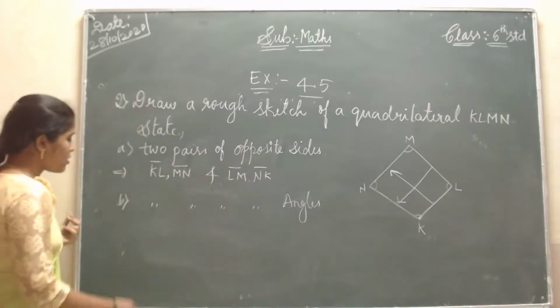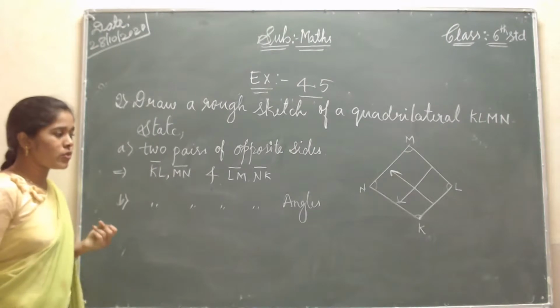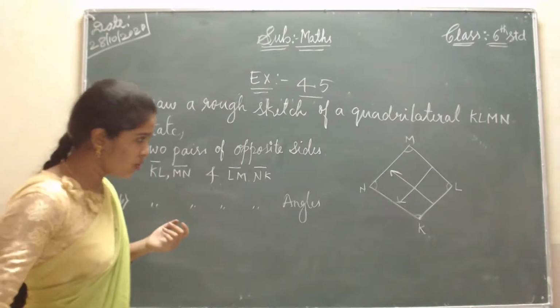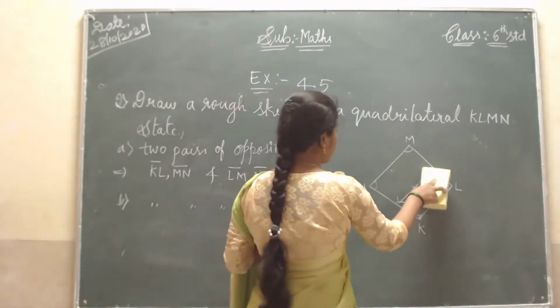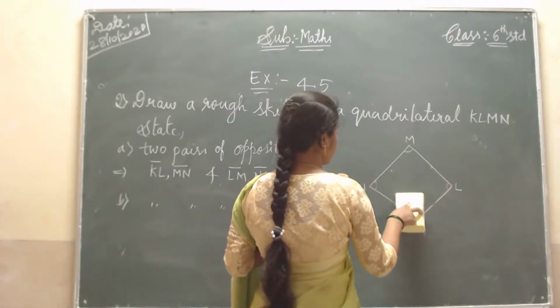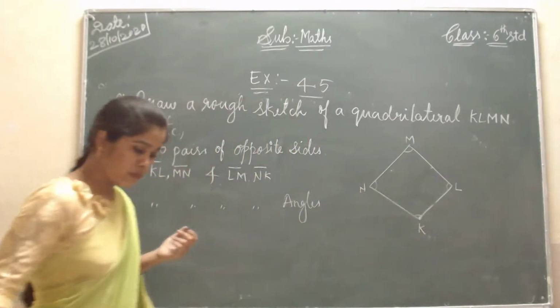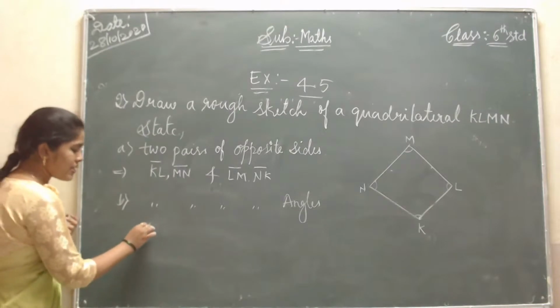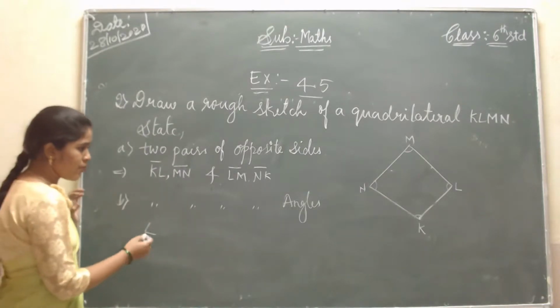Next, two pairs of opposite angles. How do we represent an angle? Like this, this is the symbol.